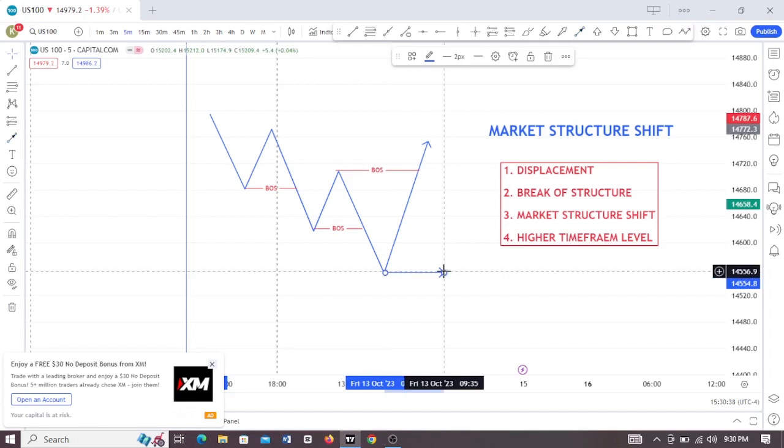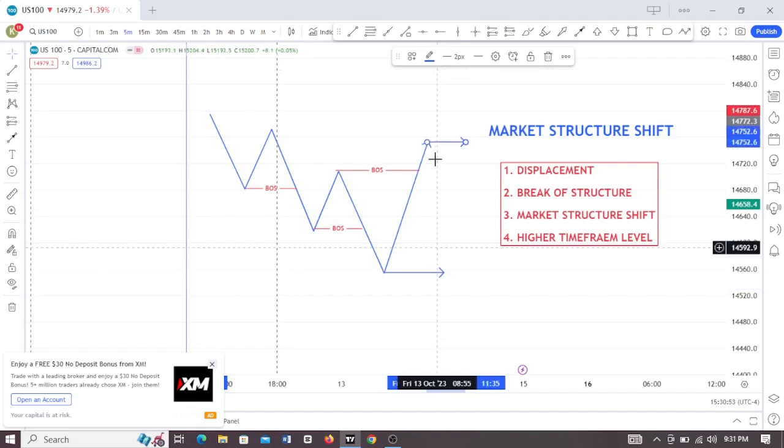So what do we mean by this? In between the displacement high and the displacement low, what you normally find is a fair value gap where the market is likely to retrace before moving to the opposite direction, changing direction, meaning moving up, right?